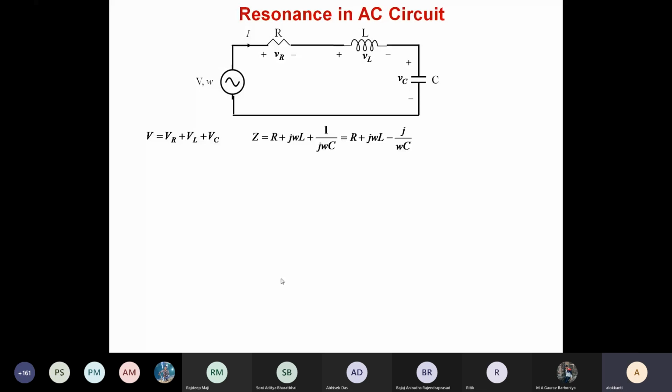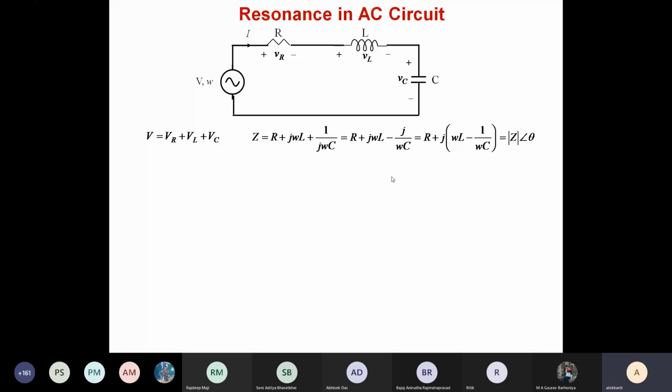You know how we took the j into the numerator, and it results in a minus j in the capacitor part. So you get R plus j omega L minus j by omega C. So the total impedance is R plus j (omega L minus 1 by omega C). There is a real part and an imaginary part to the impedance.